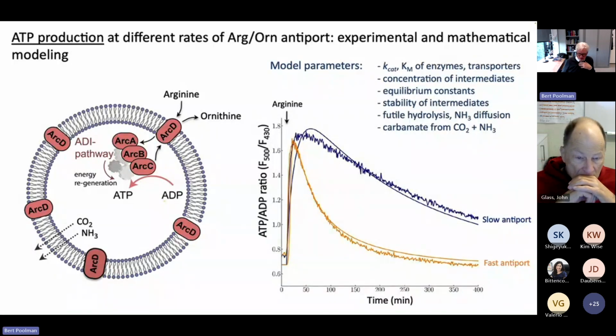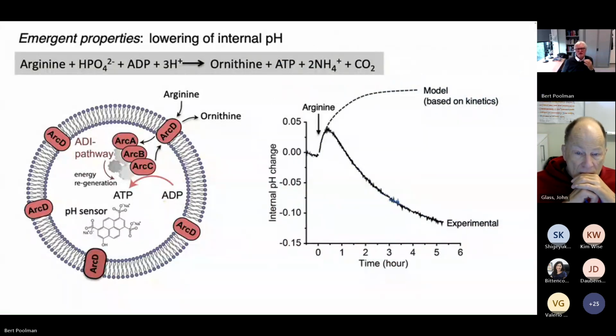And I'll show a few results, a few surprises that we have seen when we were characterizing this relatively simple pathway to make ATP. And the first one is, again, if you look at the reaction stoichiometry, from arginine we form one molecule of ATP, but we are consuming 3 protons.